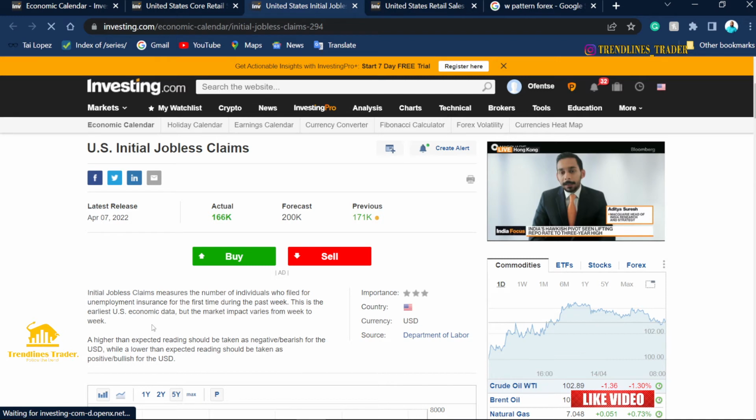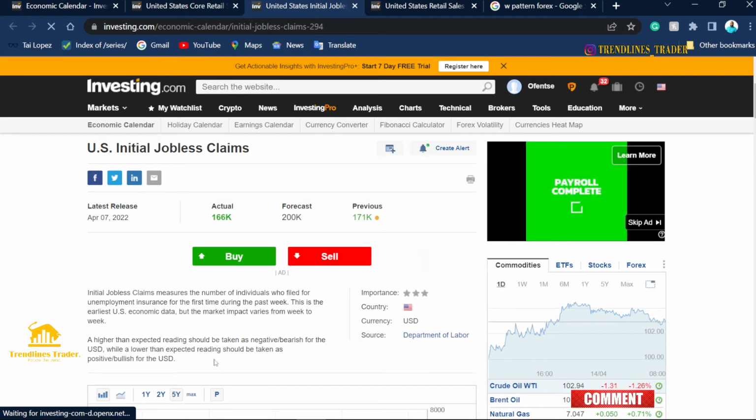A higher than expected reading should be taken as negative, which is bearish for the USD, while a lower than expected reading should be taken as positive, which is bullish for the USD. The lower than expected reading, it's bullish.